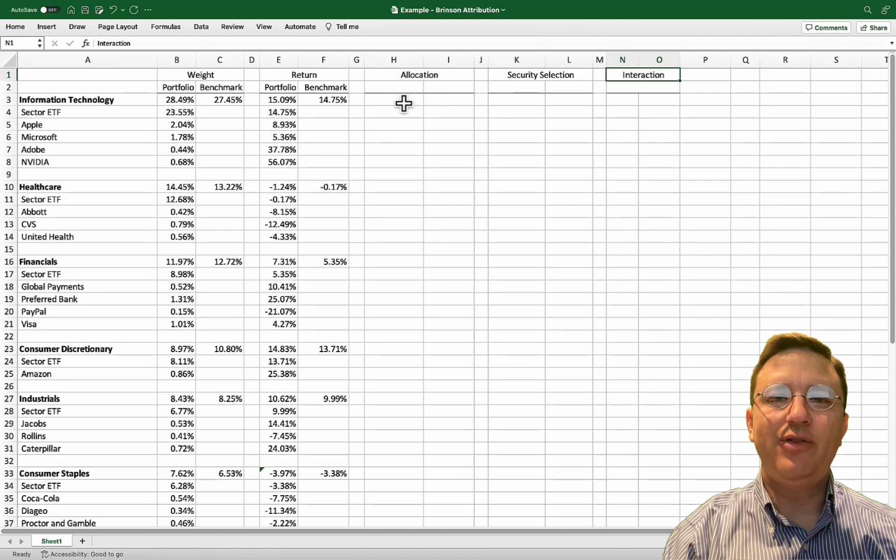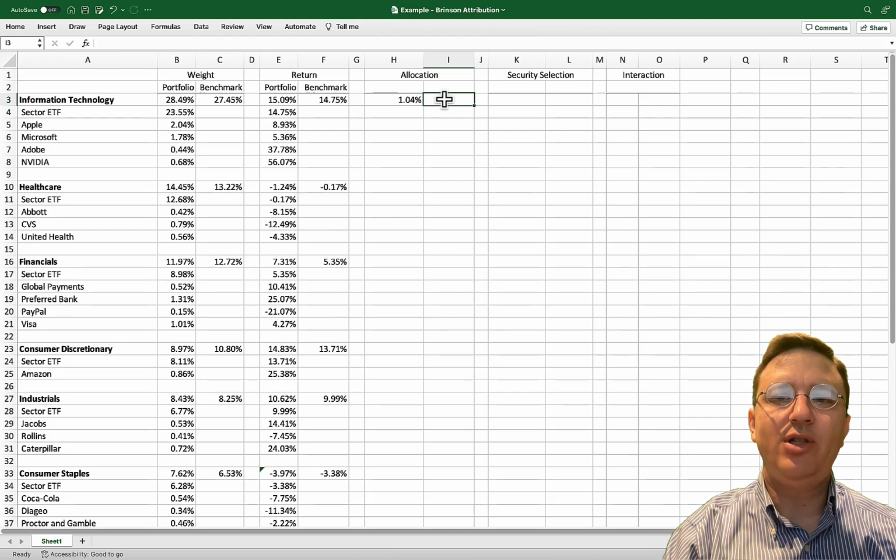The allocation effect is calculated by multiplying the benchmark return by the difference in portfolio and benchmark weight for that grouping of investments. Here I am using an all-equity portfolio with the allocation effect measured using sectors. I start by multiplying the tech sector return from the S&P 500 by the difference in the tech sector portfolio weight and the S&P 500 sector weight.